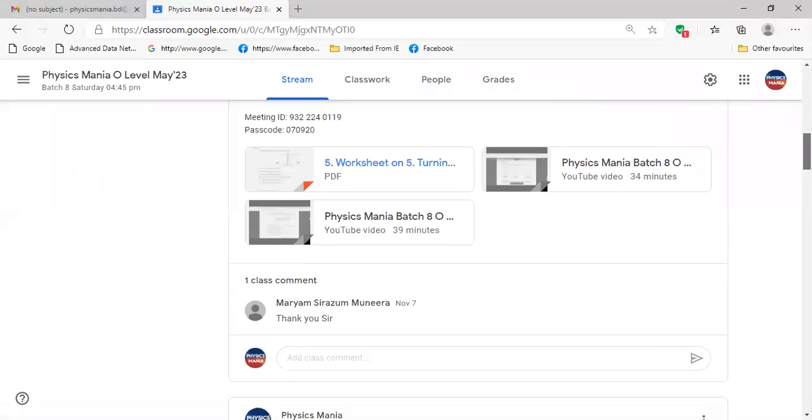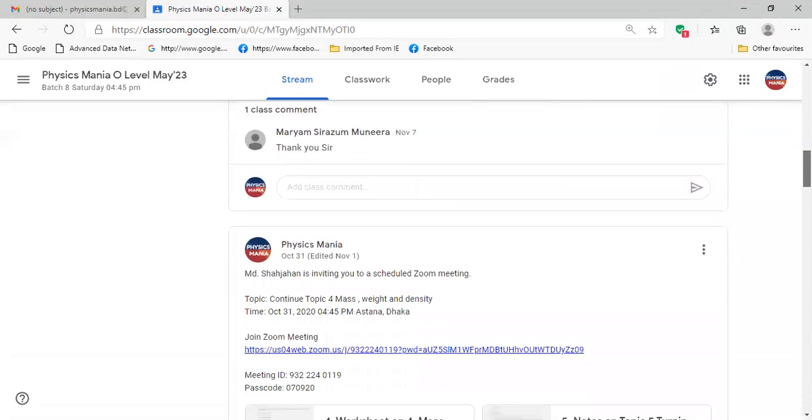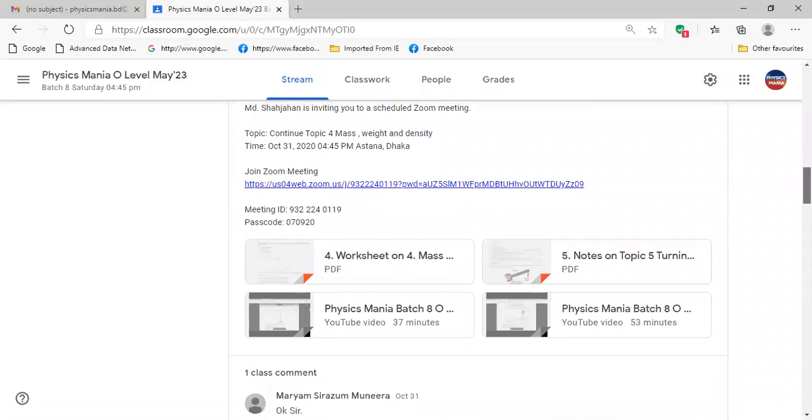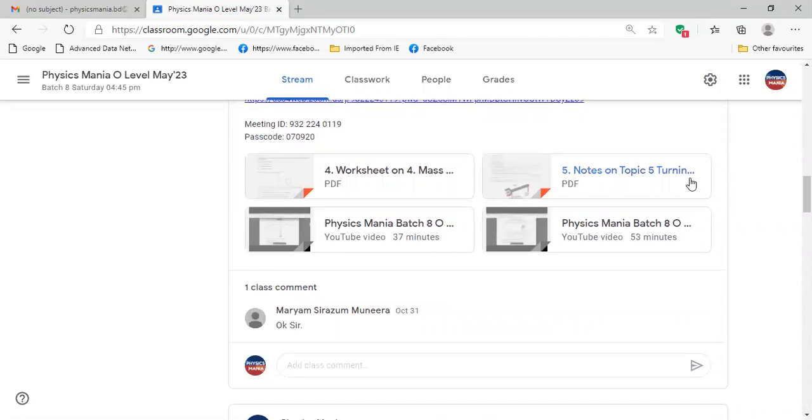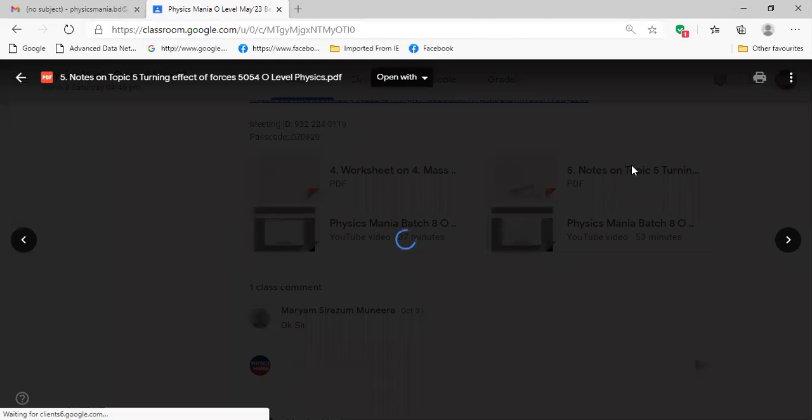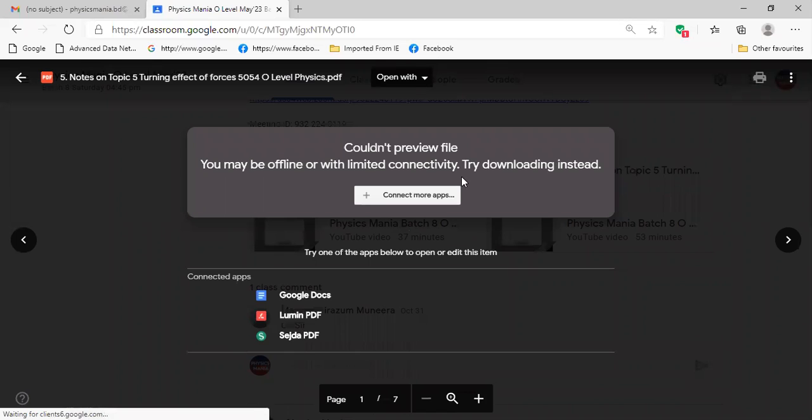So this topic is related to the turning effect of forces, right? Yes, sir. And the turning effect of forces comes from the turn of an object by applying forces. It's the product of the other previous topics that we did.